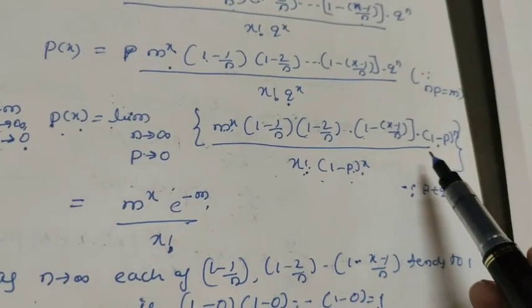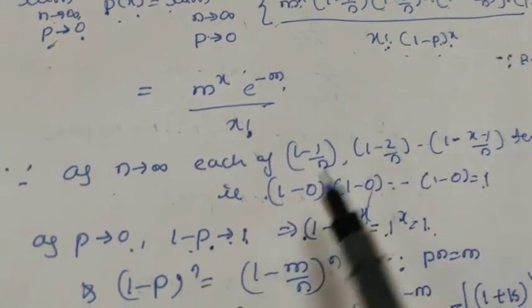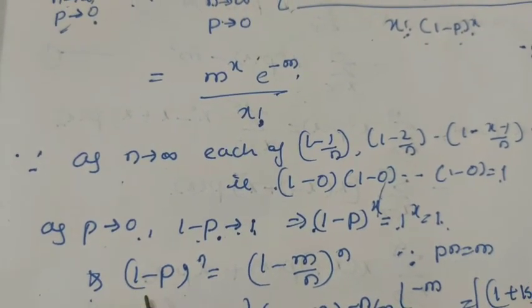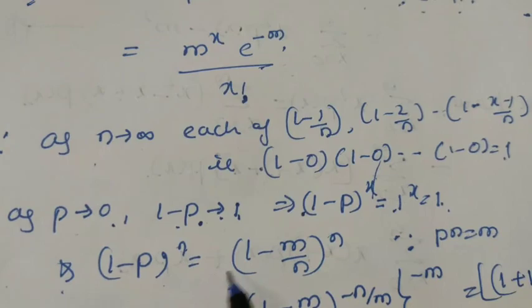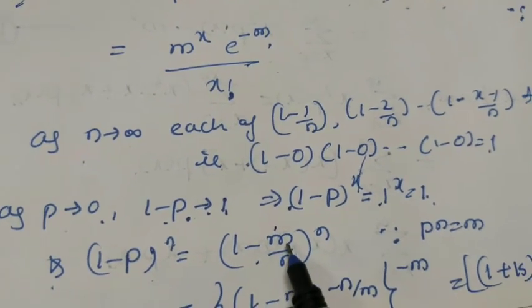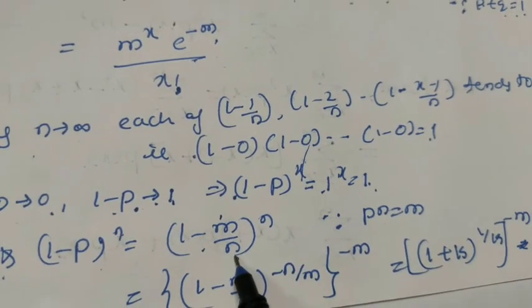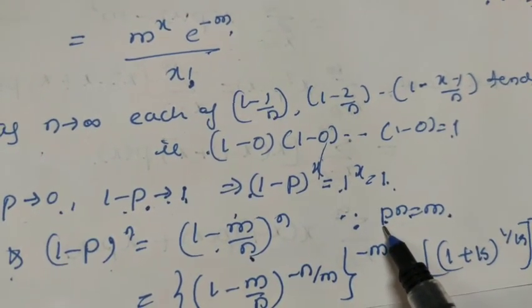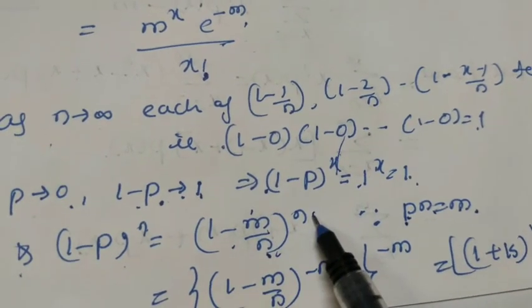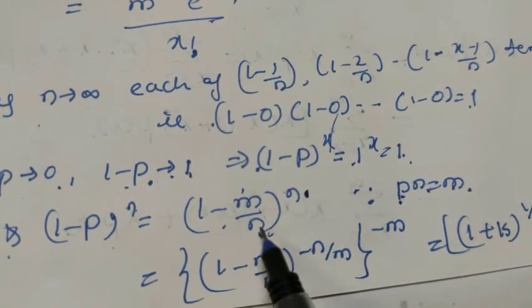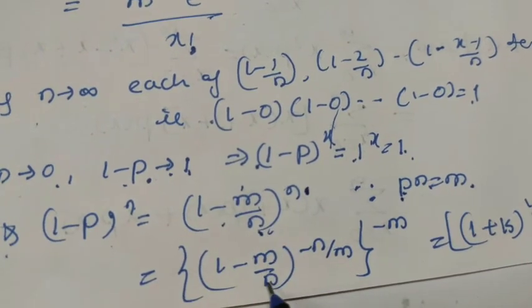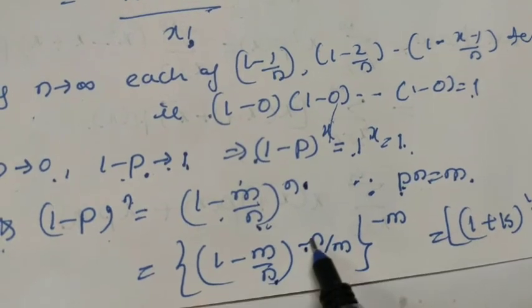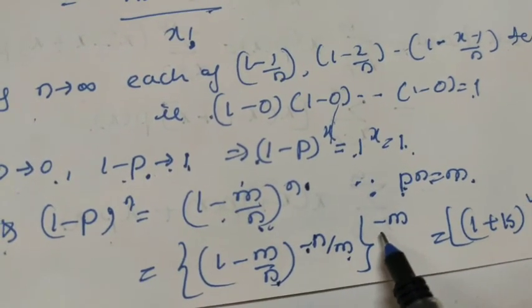And let us simplify one more term, 1 minus p raised to n. Again the same here, as p tends to 0, this 1 minus p raised to n is equal to 1 minus p, where p is equal to m by n, because we know p into n is equal to m. So we have p is equal to m by n, and this whole to the power of n as it is. We can rewrite this 1 minus m by n whole to the power of n as 1 minus m by n whole to the power of minus n by m, whole raised to minus m.